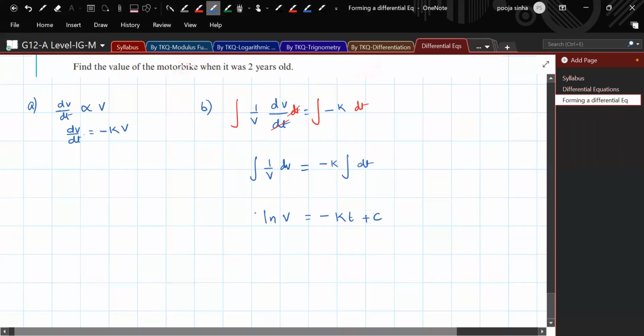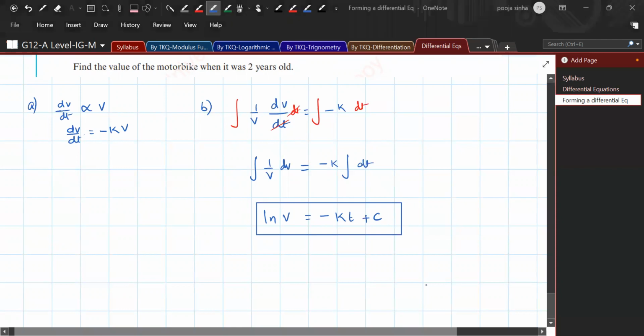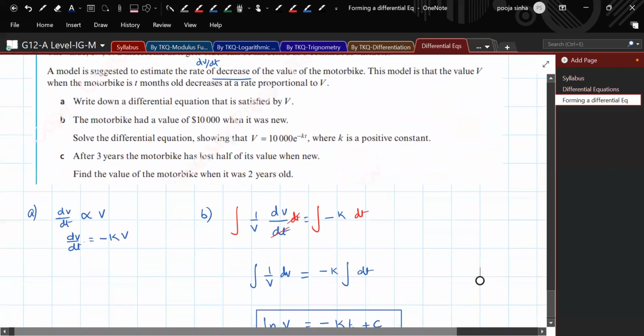हाँ, अब ये बन गया हमारा, इसमें हमको दो variables हो गए हमारे पास। This is very similar to what we did in the first question, right? अब आपको क्या क्या information is given to you? t is 0, V is 10.